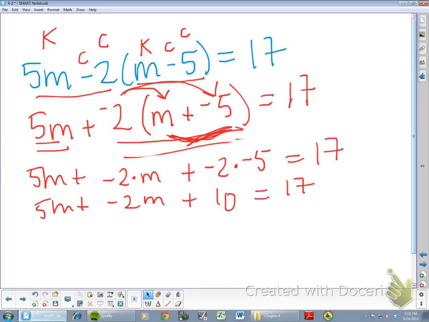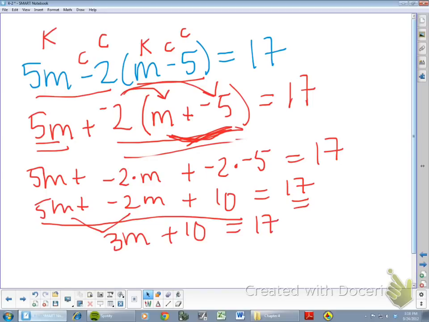All right, now my right-hand side of my equation is just 17. My left-hand side is this, and I still can add 5m and negative 2m together because they're like terms. Those add together to get 3m plus 10 is equal to 17. Now there's nothing else I can do on the left-hand side here. So I can start to isolate my variable.